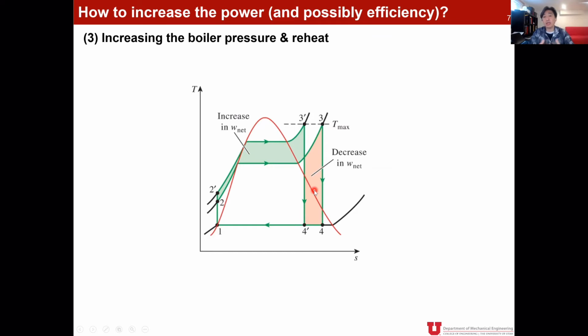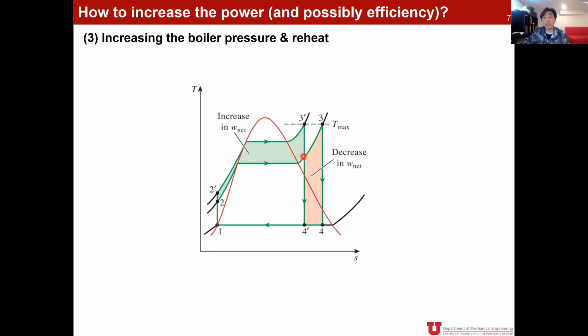So how can we get both? The possibility is that we increase the pressure and go up to 3 prime, then it goes down, and we have a second turbine and reheater, as we discussed earlier for the gas turbine, but the same concept can be applied for the steam power plant.